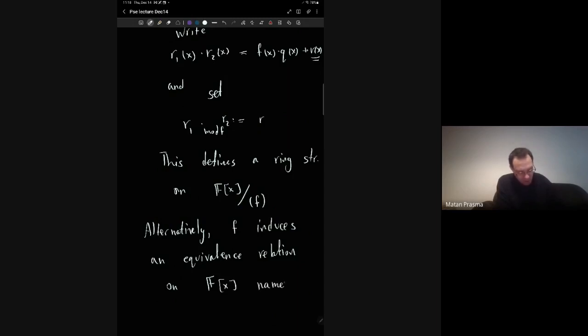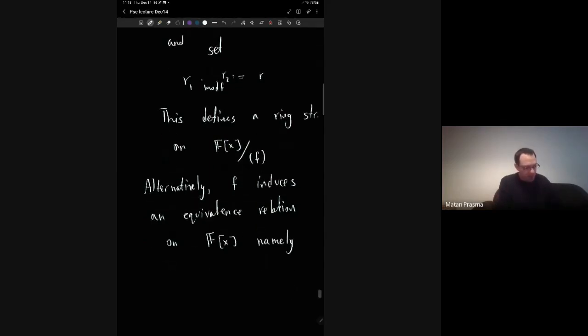Namely, let's say alpha(x) is equivalent to beta(x) if and only if alpha is equal to beta modulo f.